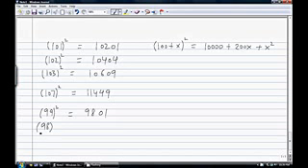Similarly, 98 squared will be 9604, and 97 squared is equal to 9, 3 2s are 6, so 94, and 09.